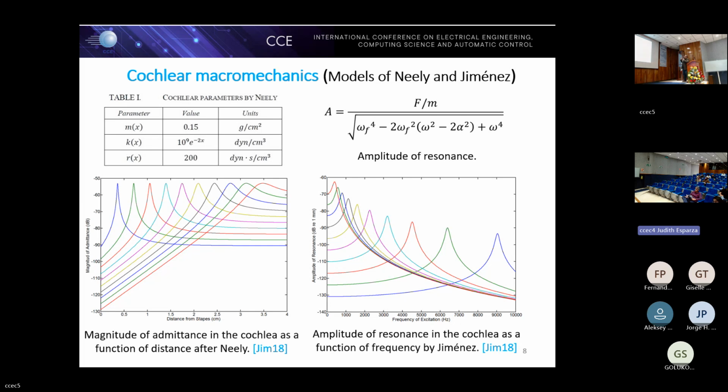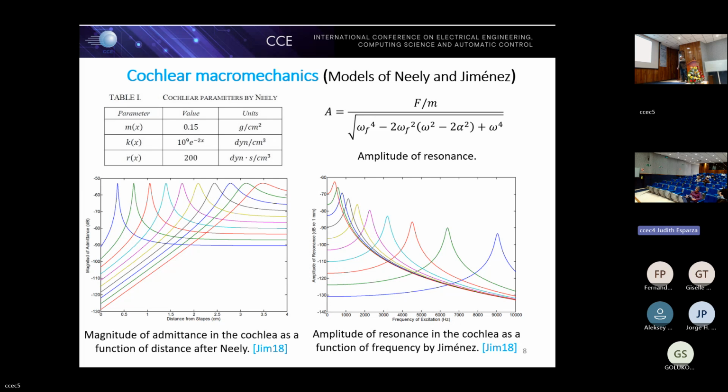This frequency of resonance corresponds to a specific value of admittance, but this has the advantage that you can now know the relation between the frequency and the distance along the cochlea. This is my work, and in my work, this part corresponds to these frequencies, and this response corresponds to this frequency, and practically I have the same values as the work of Neely with my methodology.